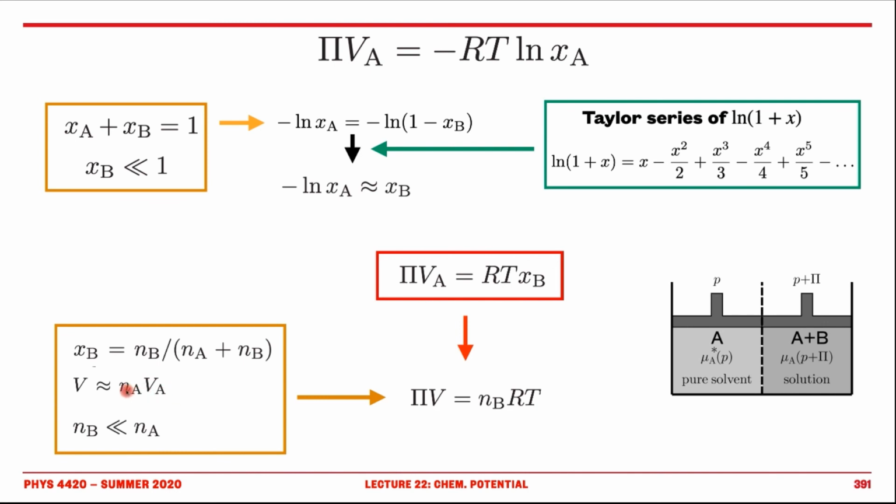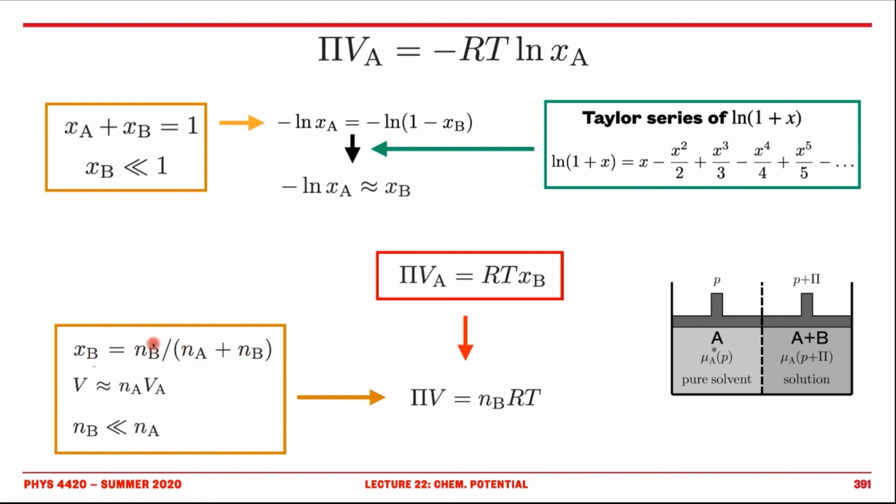Okay, but basically XB is pretty much NB divided by NA, since NA plus NB is almost equal to NA, right? That's the idea. There are many more A molecules, and so I can replace NA plus NB by NA.